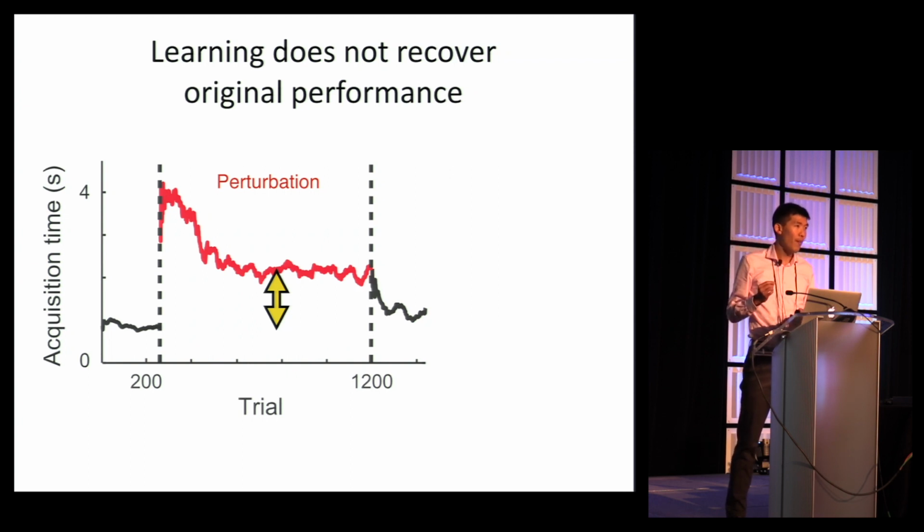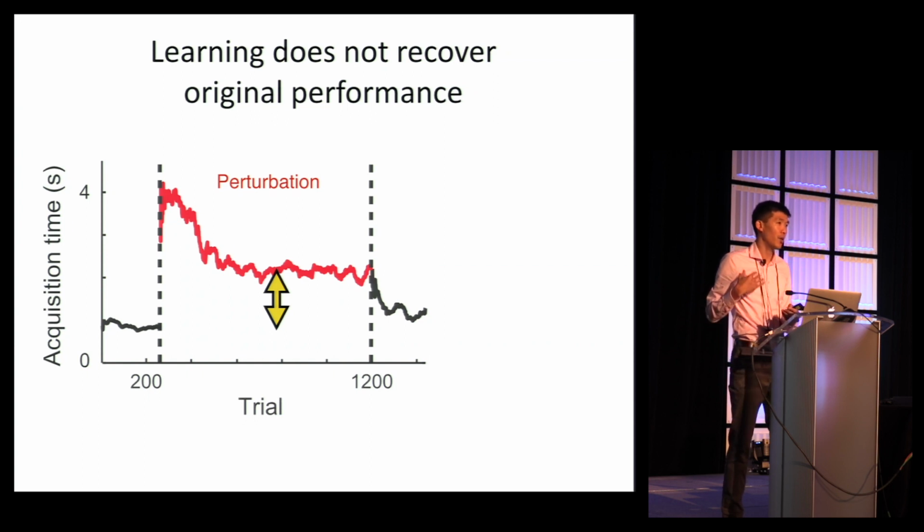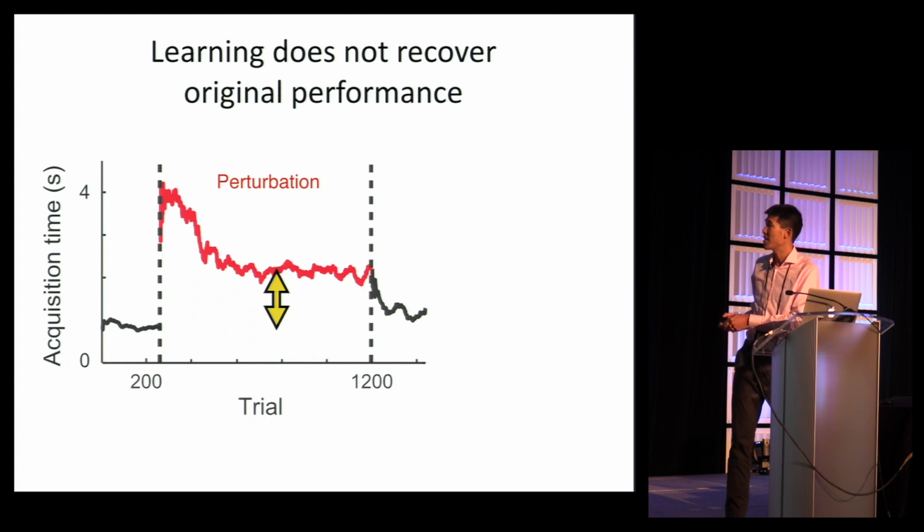Under the intuitive mapping, the acquisition time is about 1 second. After we switched the mapping, the acquisition time went up; the monkey did not perform as well. Over the course of learning, the acquisition time would get better. But we consistently observed that the acquisition time did not come back to its original baseline level, shown by this gap here.